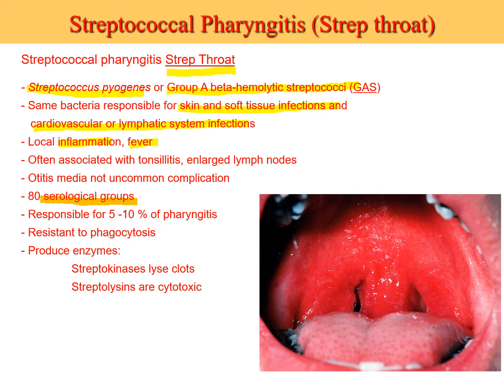Strep throat or streptococcal pharyngitis caused by Streptococcus pyogenes is responsible for about 5 to 10% of pharyngitis, inflammation of the pharynx. The organism is fairly resistant to phagocytosis and produces enzymes that can help it progress through the tissues, including streptokinase, which is able to lyse blood clots, and streptolysins, which are cytotoxic.